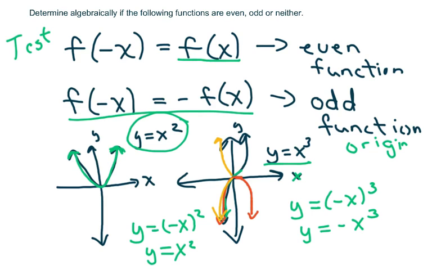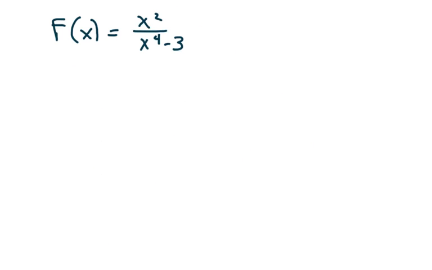So I have about 6 problems. Here's the first one. The first thing we're going to do is take the test and find out what f of negative x is. An even function will look the same as the original, x squared over x to the 4th minus 3.